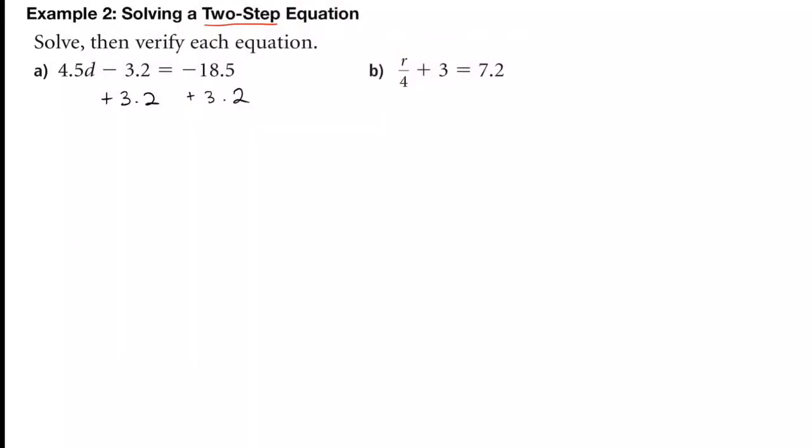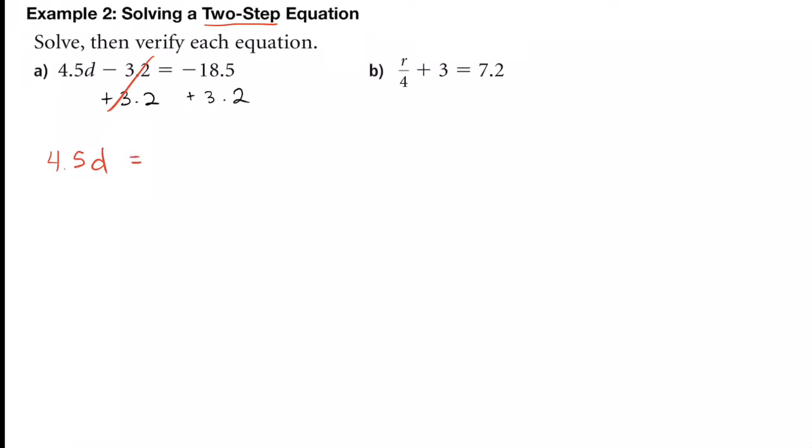But what you need to know is negative 3.2 plus 3.2 means that these cancel out and end up being 0, okay? So you want to write down what you have left on the left side and the right side. On this left side, since the negative 3.2 got canceled out by the positive 3.2, you have 4.5d left on the left side of the equal sign.